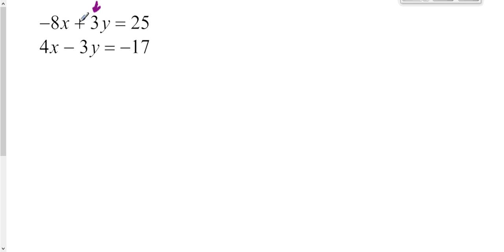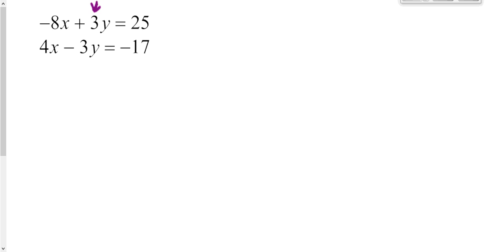If we look at this system, there isn't a good choice for substitution. 8 doesn't go into 3, 3 doesn't go into 8, 4 doesn't go into 3, 3 doesn't go into 4. So we wouldn't be able to avoid fractions with substitution. That's why elimination exists.